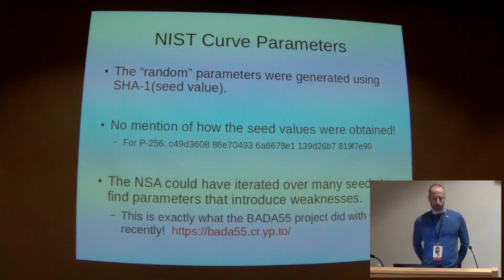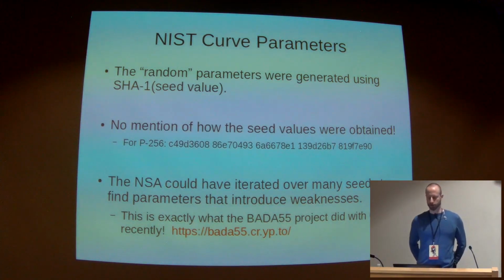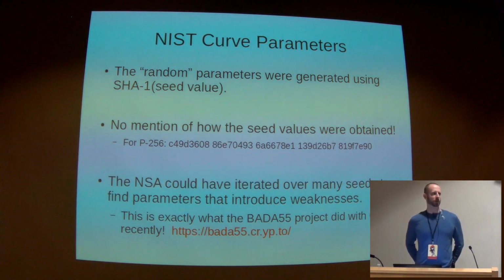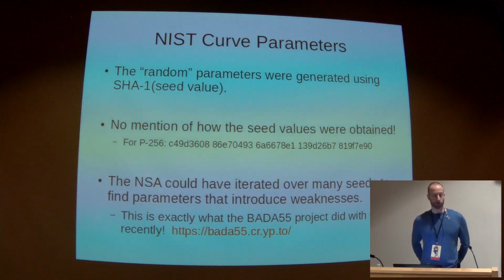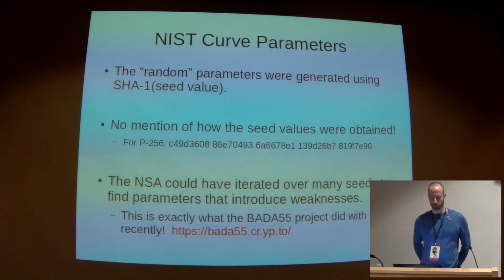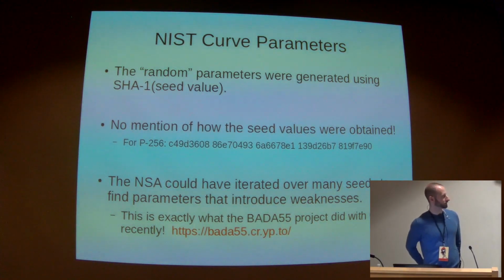So they took these supposedly randomly generated seed values, applied the SHA-1 hash algorithm to them, and then somehow mapped that output to curve parameters. But there's no mention as to where these seed values came from. For their curve P256, I've got right there the seed value.